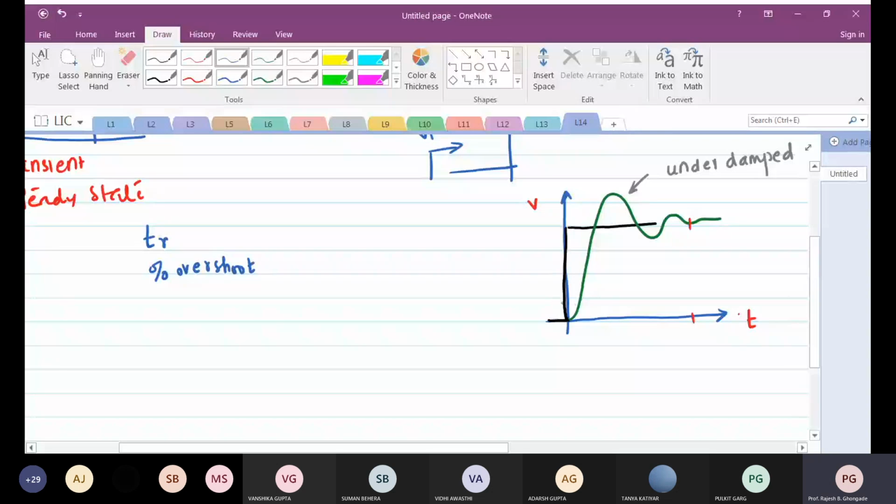Okay, so what is a rise time? Rise time is when I measure, let us say, 10% of this value to 90% of this value. So whatever is the time taken, call this T1, call this T2.